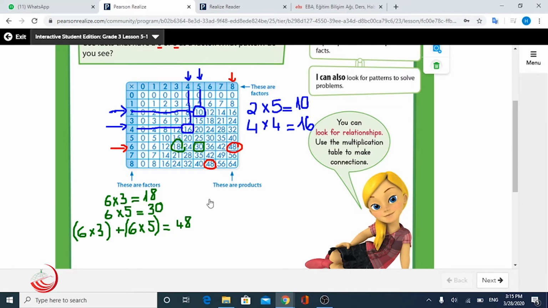And now let's move to 8 as a factor. Here I have 8. Now there are too many colors in the multiplication table. I'm sorry, but we have to. I want two products that added together will give me 48.